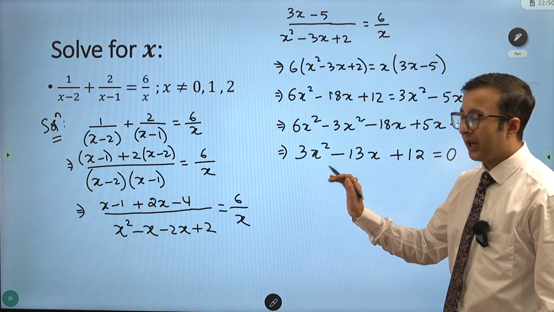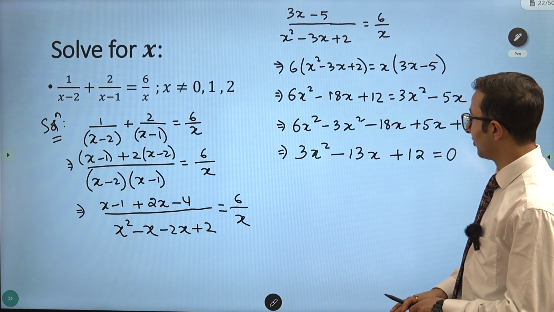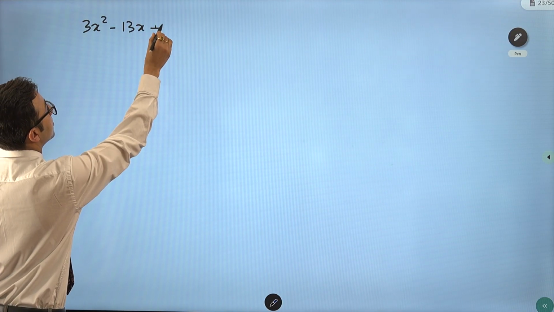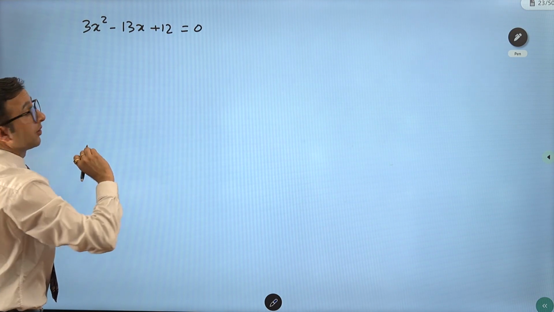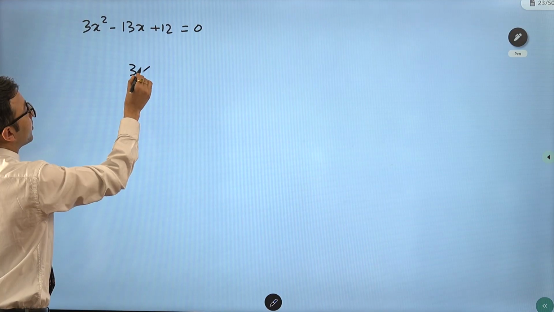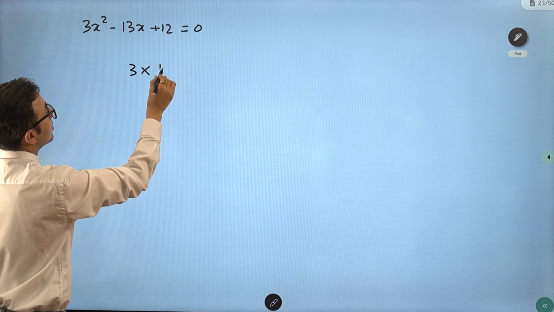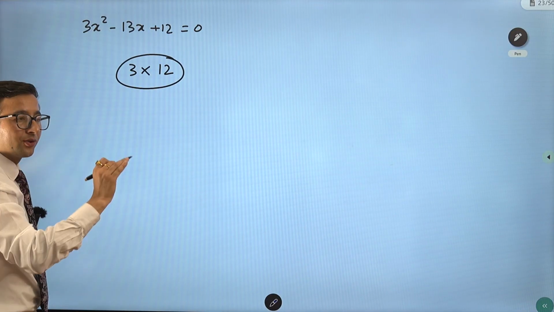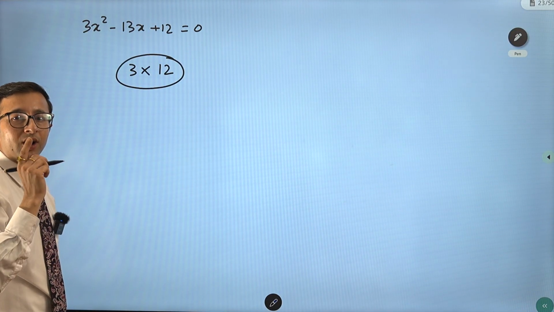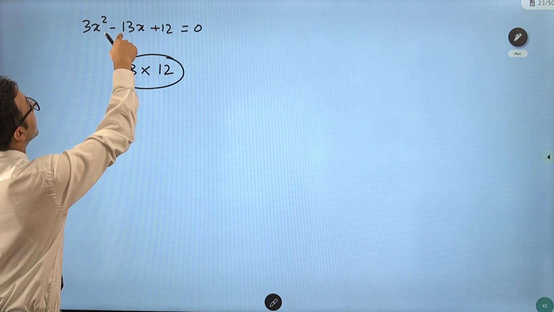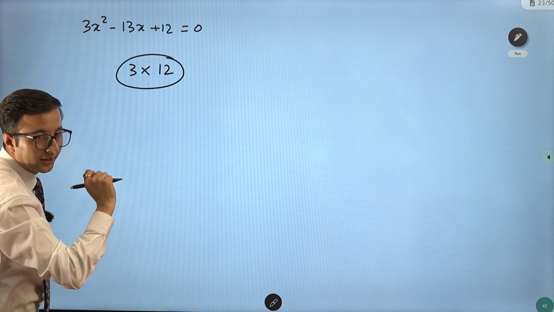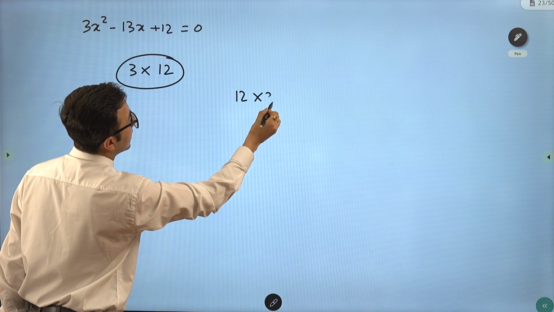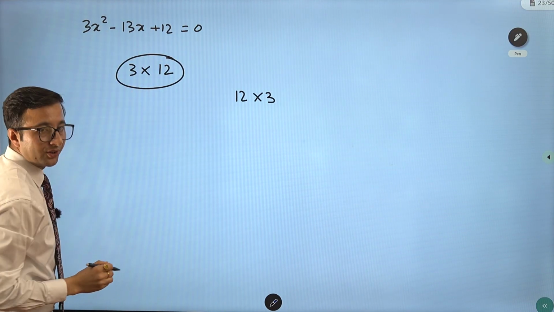We will use here middle term splitting. For that, the equation is 3x square minus 13x plus 12 equals to 0. Now the coefficient that we have in the first term is 3, and at the last is 12. So from this product we need to find two numbers whose sum should be 13. The possible pair of numbers are 12 into 3, but the sum of 12 and 3 will not give us 13.